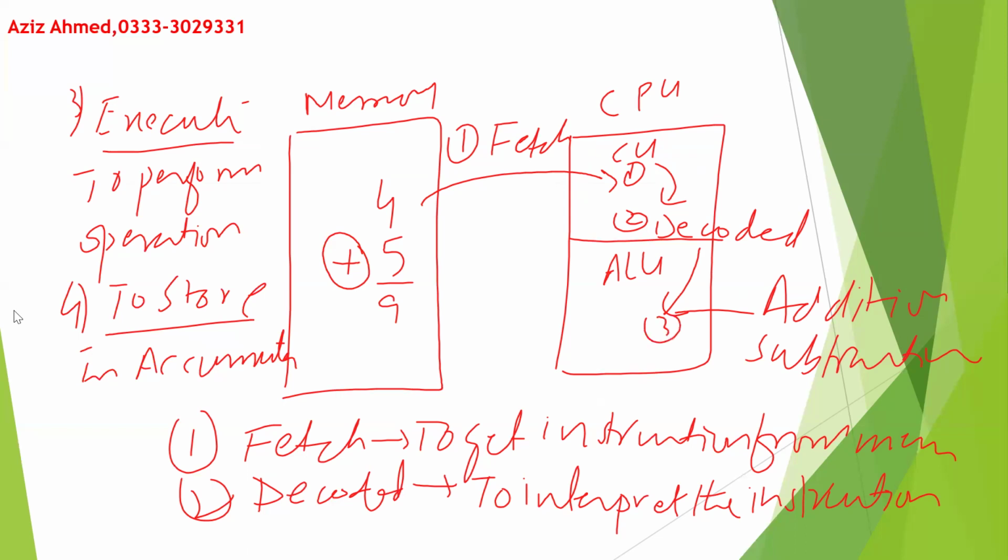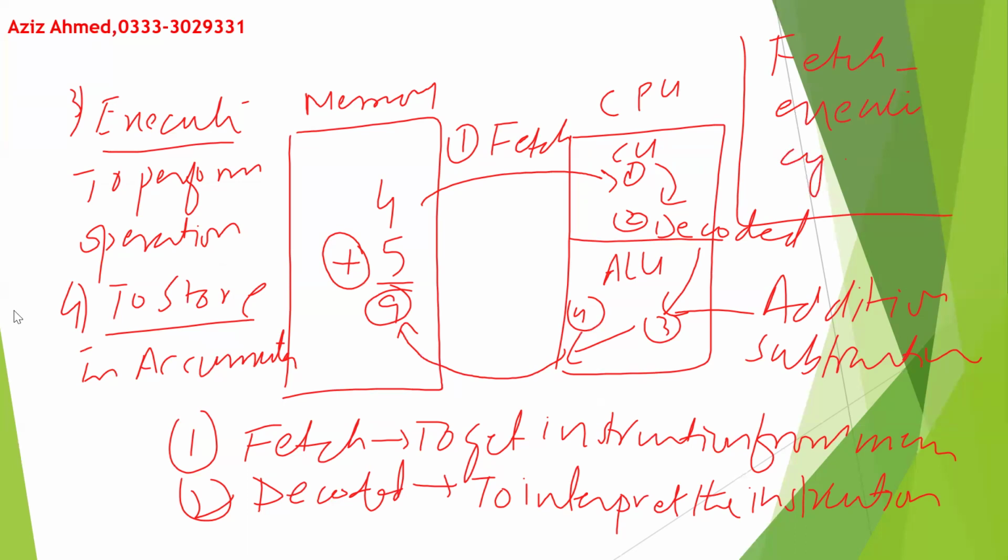Okay, this is the third. The fourth function is store, and this result is transferred to RAM, 9. So this is called the fetch execute cycle. This cycle is performed every time.